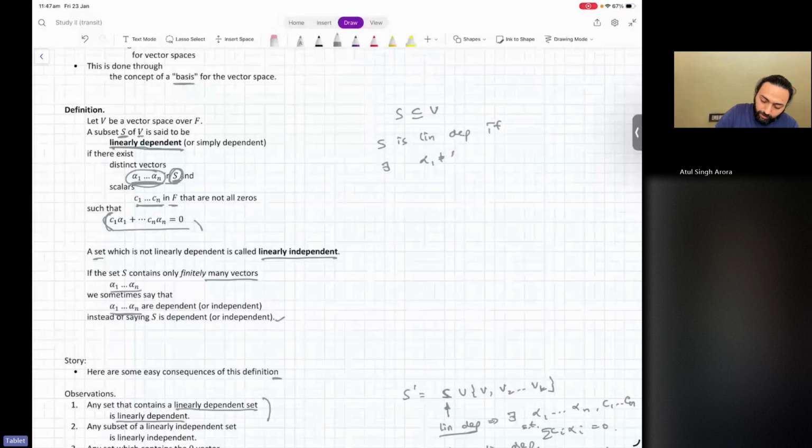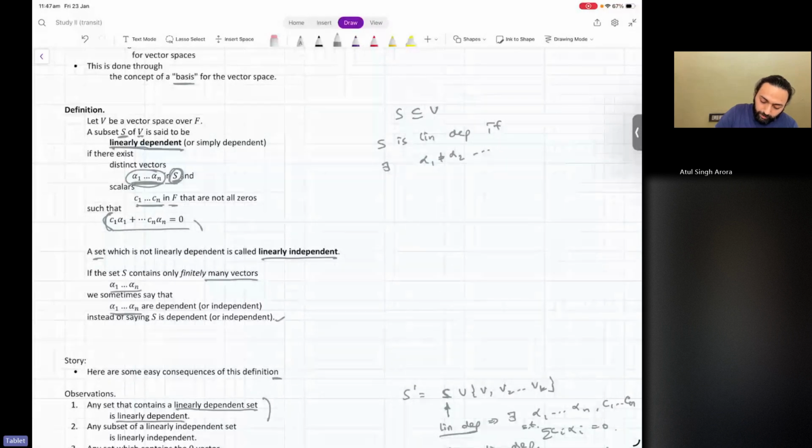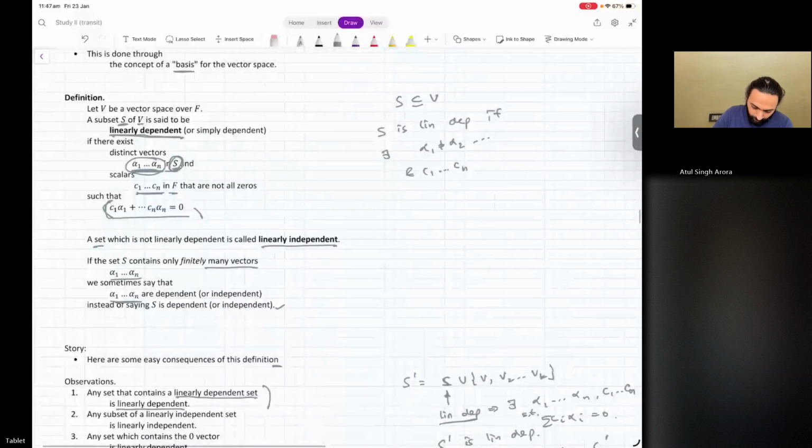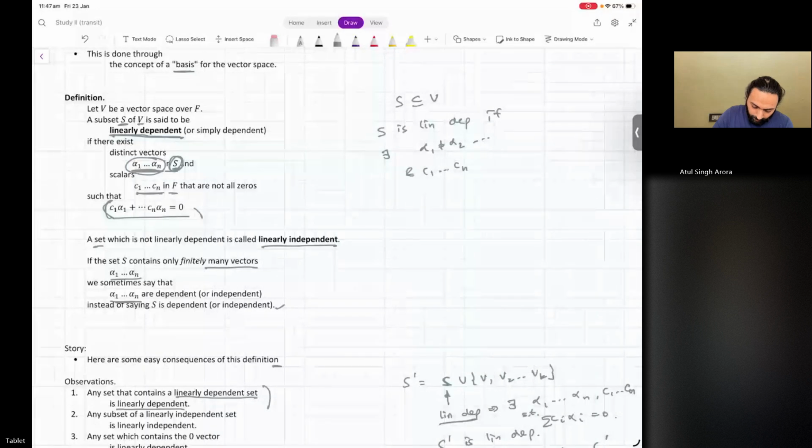So alpha 1, non-trivial, equal to 0, and C1. What's the difference between this and non-trivial? Where is non-trivial written? I'm just thinking it seems like the opposite of trivial. Yeah. So here we are saying that the C's are not all zeros. So they are linearly dependent if you can find a non-trivial combination.